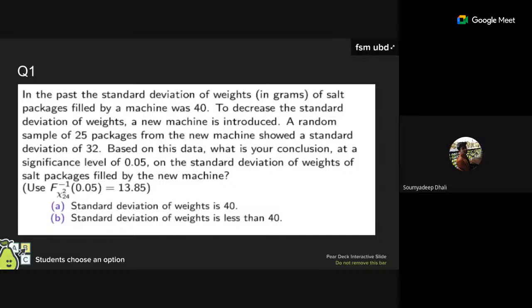Will that be the case in the NTEM also? See, the mock will resemble 50%, hopefully 50 to 60%, I can say.